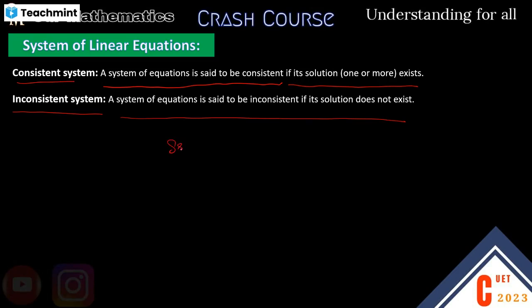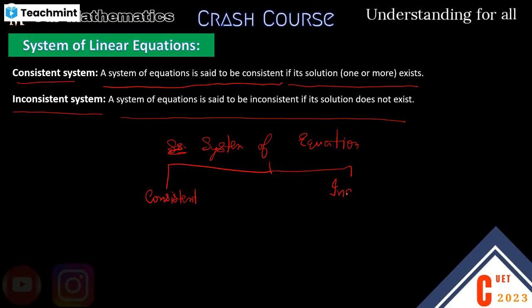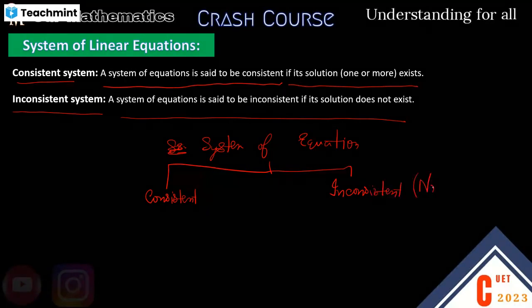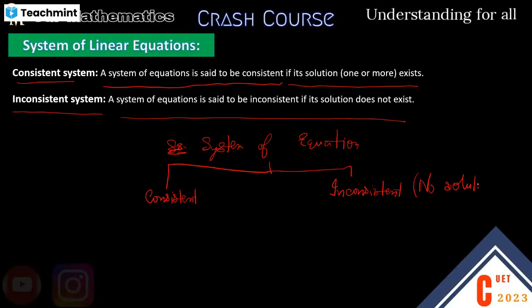So there is a system of equations. It can be either consistent or maybe inconsistent. Inconsistent means no solution. Consistent can be of two types: unique solution or infinite solution.